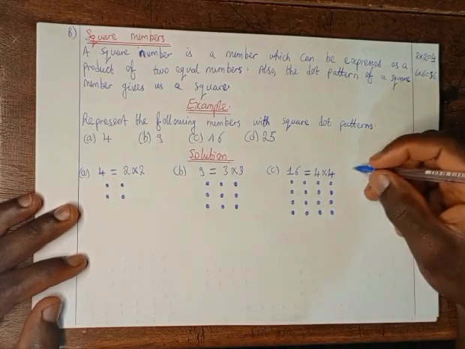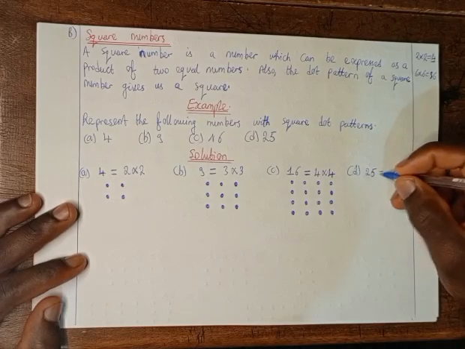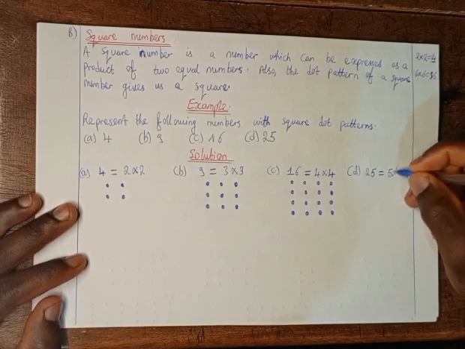We go now to D. For D we have the number 25. You know 25 can be expressed as 5 times 5.